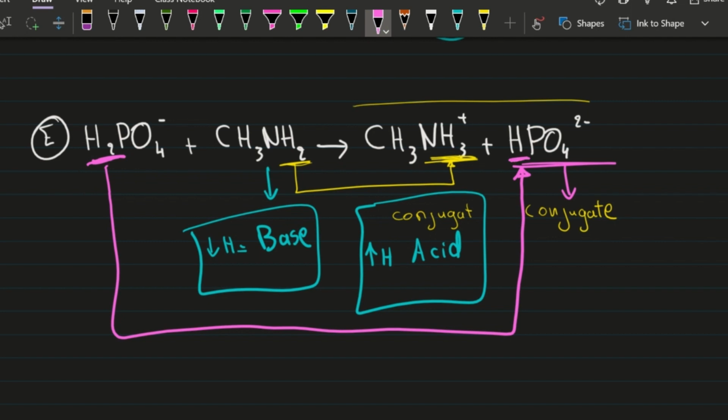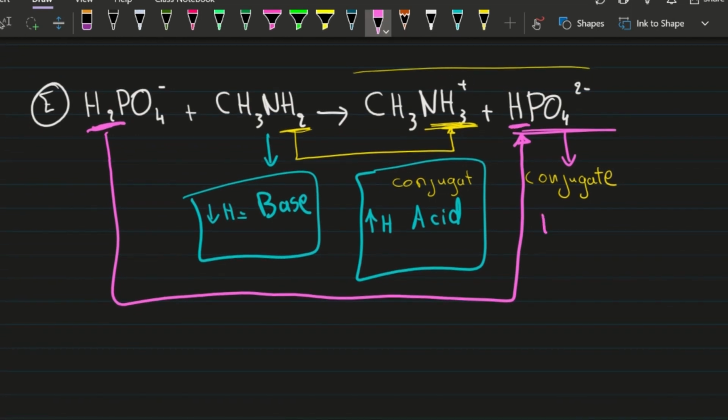So it seems like we lost a hydrogen, so this has less hydrogen. Therefore, it is a conjugate base. And this one has more hydrogen, so it is going to be the acid.